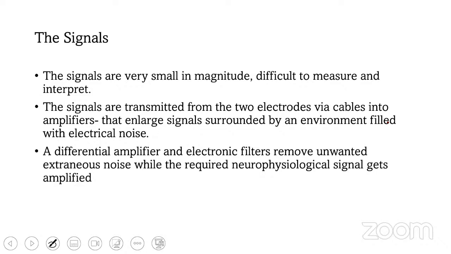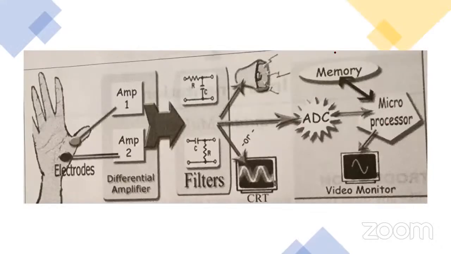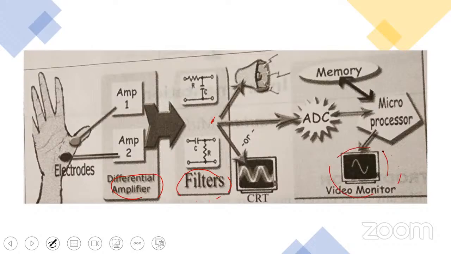So this is the logic which we see on the graph. You can see the electrodes, amplifier one, differential amplifiers, and you can slowly see the filters here, the amplifiers here, the filters here, and you can see the audio signal, the microprocessor, video monitor. We'll discuss these things.